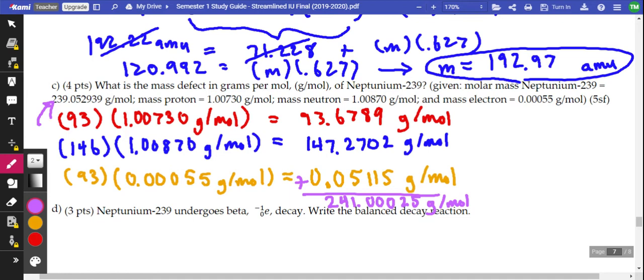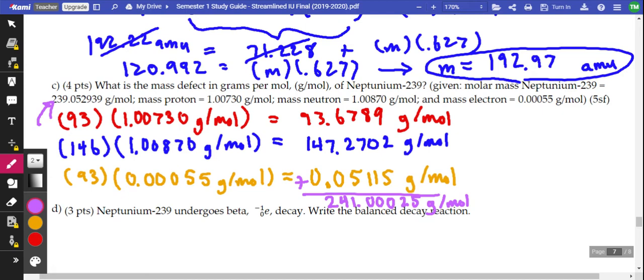So let me see. I think it can just come out to be a positive number. Okay, what it should be minus what it actually is.